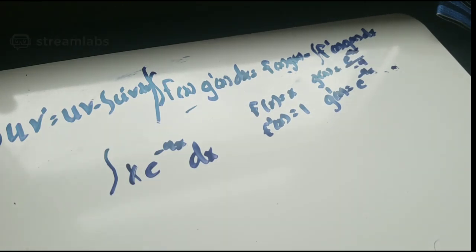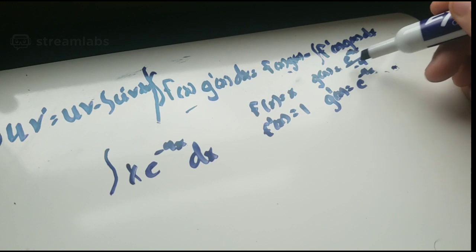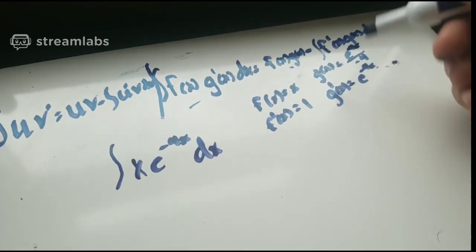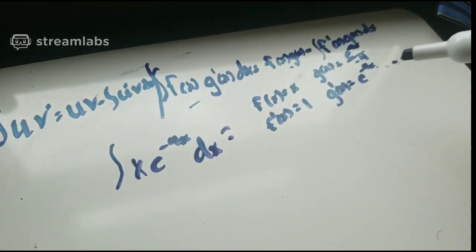E to the negative 4x, I just want to make sure. Yeah, so it's negative 1/4 e to the negative 4x. So I just brought the negative 4 and put it divided by here. And that's not very clear, so when I rewrite it here, you'll see it.